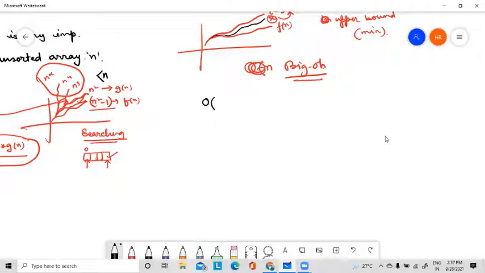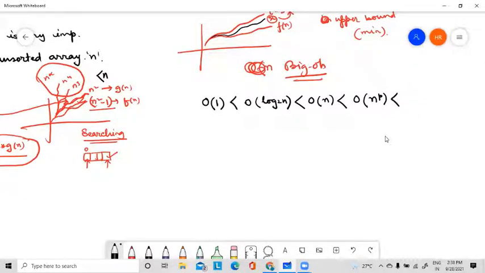Some are called order of 1, which is constant. And remember, order of log n is greater than this. This is logarithmic time complexity. Then order of n is called linear time complexity. Then order of n to the power p is polynomial time complexity: n square, n cube, anything.